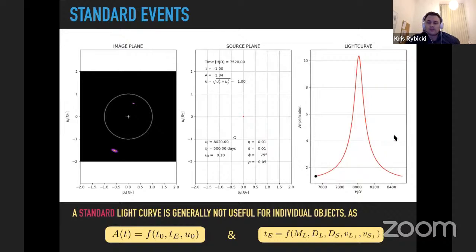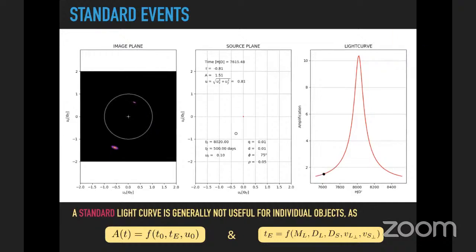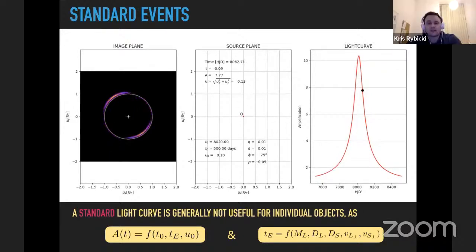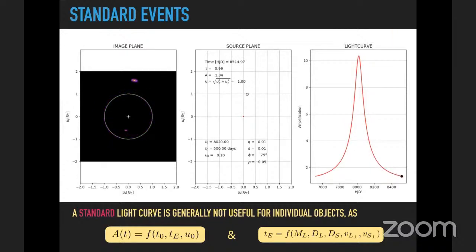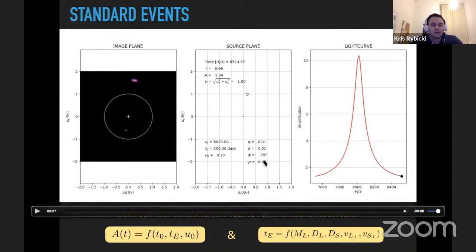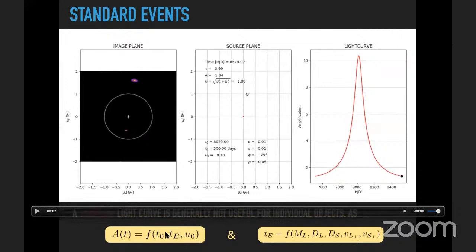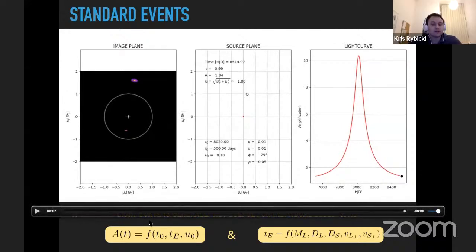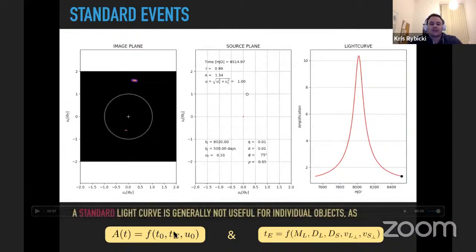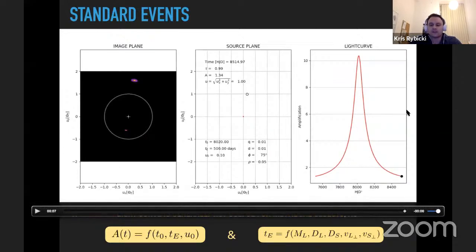So in general, in microlensing, the standard events are not very useful in terms of determining the physical parameters, because as you can see at the bottom, the magnification of the event basically depends on three parameters, and only one of them, the Einstein timescale, is related to physical parameters of the lens and the source.